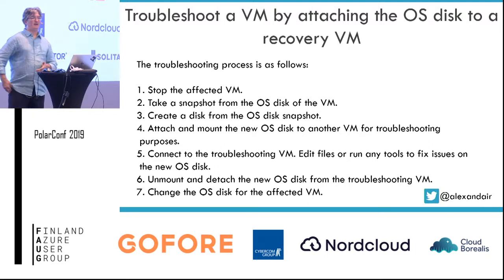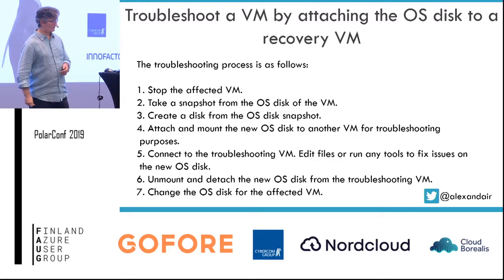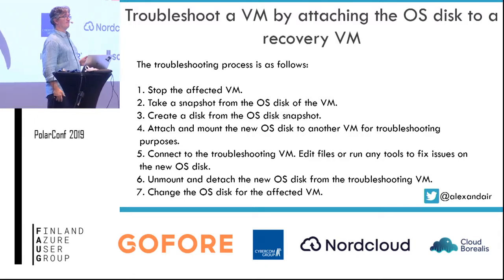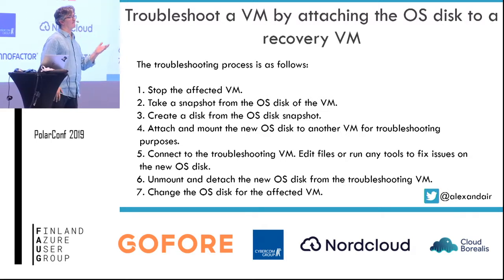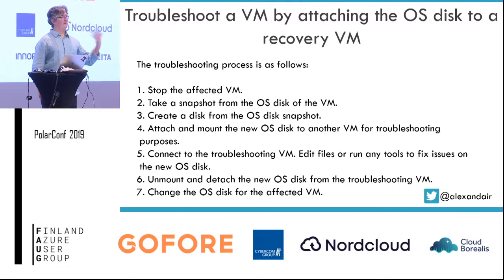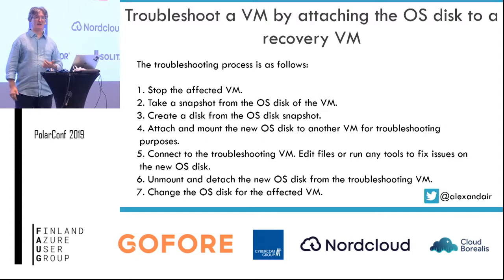Here is one thing that is very often needed, and as you can see, it's not easy. So the thing is that you might have a problem with the OS disk on your VM. How can you fix that problem? For example, you need to fix the disk because there are some file system errors on it.